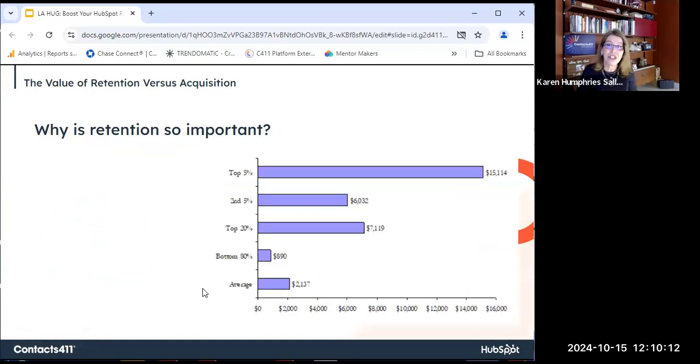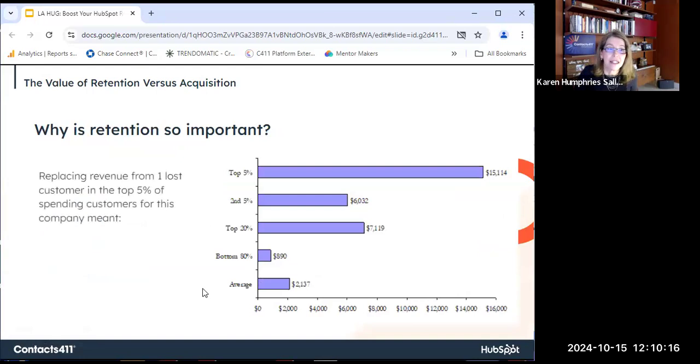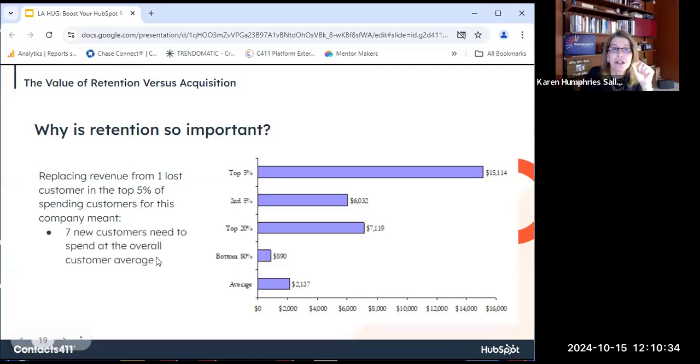Why else is retention so important? This is real data for a high-end luxury business. So you can see here that the top 5% spent $15,000 on average in 1 year. The average customer spent about $2,000. So if they lost one customer, which they did, more than they would like to admit, it was 7 new customers that they needed to replace the spending, and 7 new customers spending at an average value.